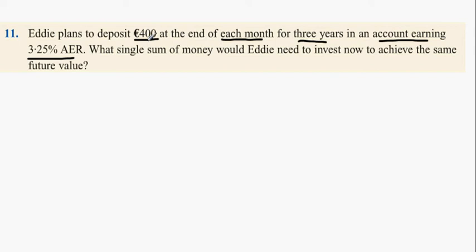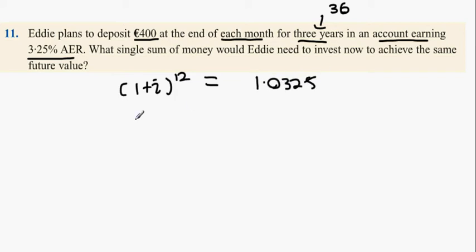So he plans to deposit €400 at the end of each month for 3 years, 3 years being 36 months, in an account earning 3.25% AER. So our 1 plus i, our monthly interest, has to be the same as 1.0325. Our b value is therefore going to be 1 plus i, and that's going to be the 12th root of 1.0325.